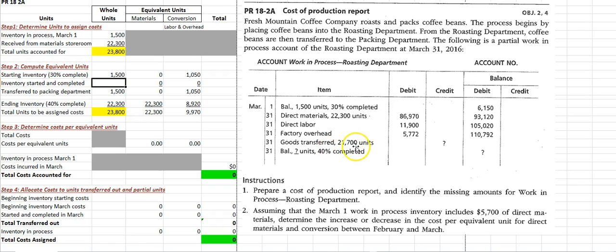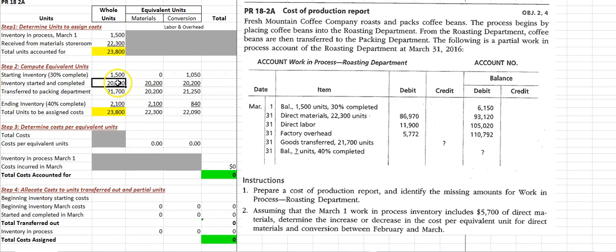But I know that of that 21,700 that I transferred out, 1,500 were not started in the current period. So in order to find out how much I started and completed in the current period, I simply take 21,700 and subtract 1,500 from that. And I know that I started and completed 20,200.